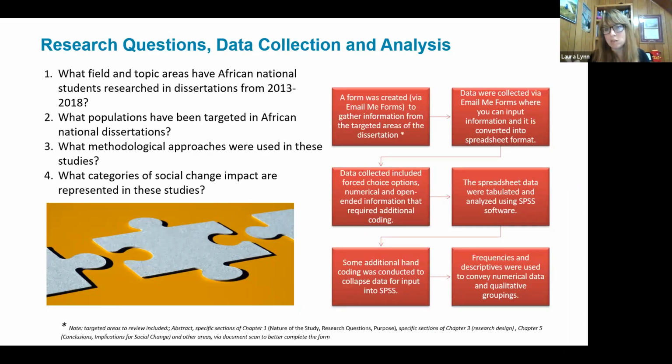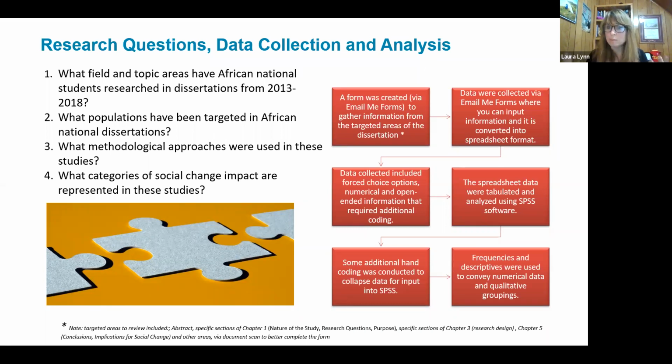And so you can have a combination of open-ended input, but you can also have some forced choice input, mutually exclusive, not mutually exclusive. So it could be a very streamlined process for putting that information in. Included in that were the numbers of participants, the specific methodology, statistical significance, the field and setting, as well as social change and all the other areas.